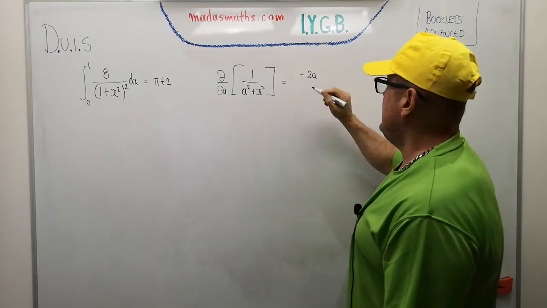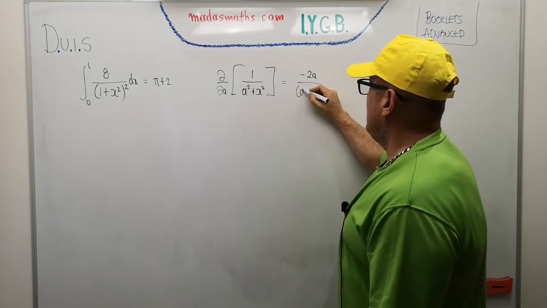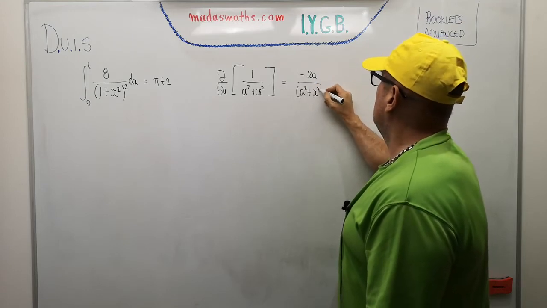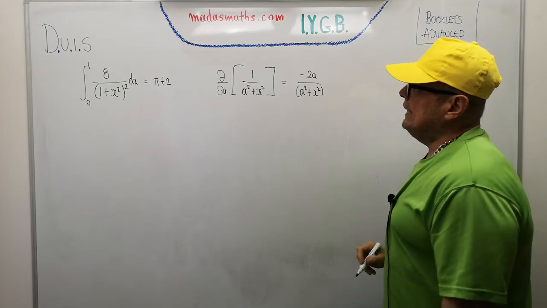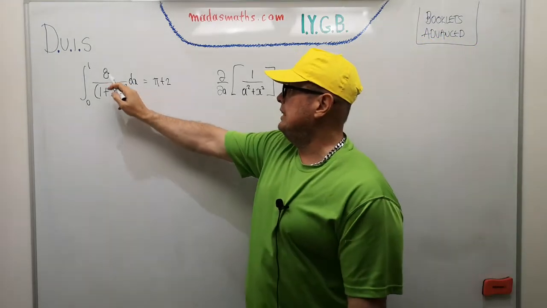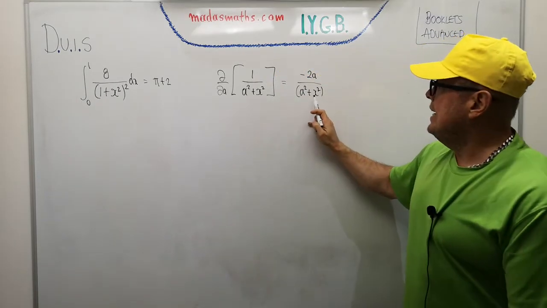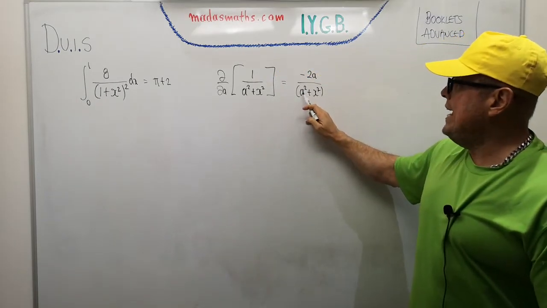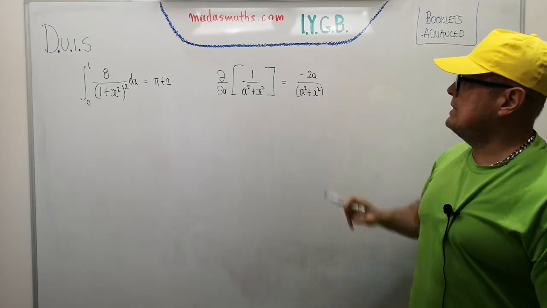Remember, it's with respect to a. And of course, the denominator is going to go squared. So this is what we're going to get. If we look now at what our target is, which is 8 over 1 plus x squared, it looks like our target is a equal to 1, but we don't have this particular thing.